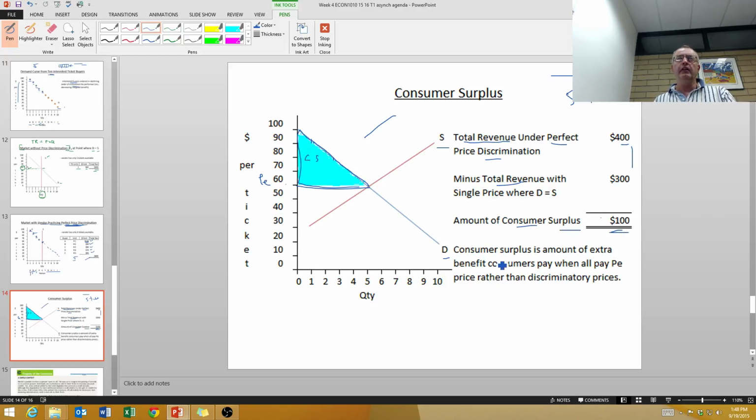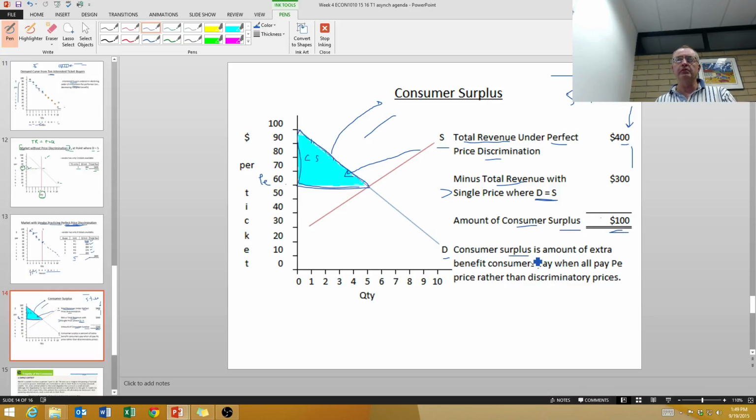If the vendor instead practices discriminatory pricing, then the vendor takes all the consumer surplus. But if the vendor charges a price that's determined by the forces of supply and demand, then the consumers enjoy that consumer surplus.